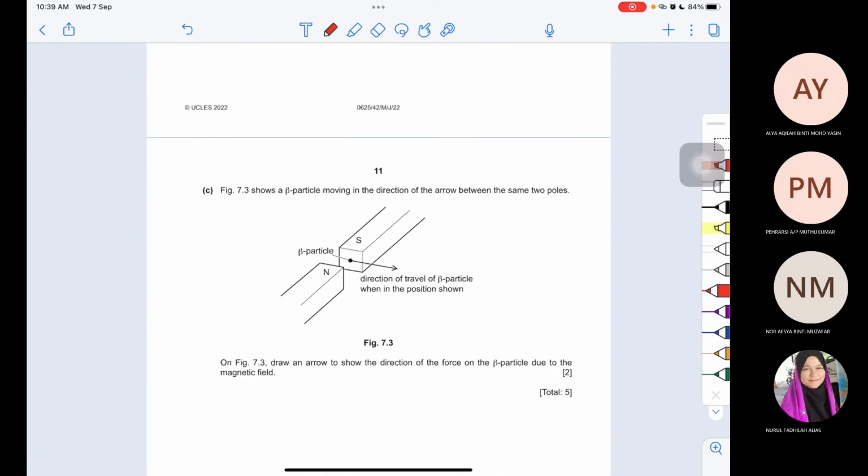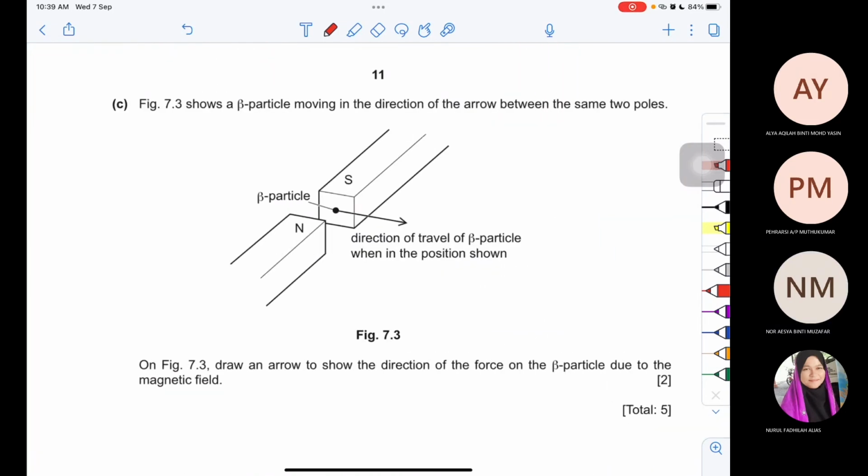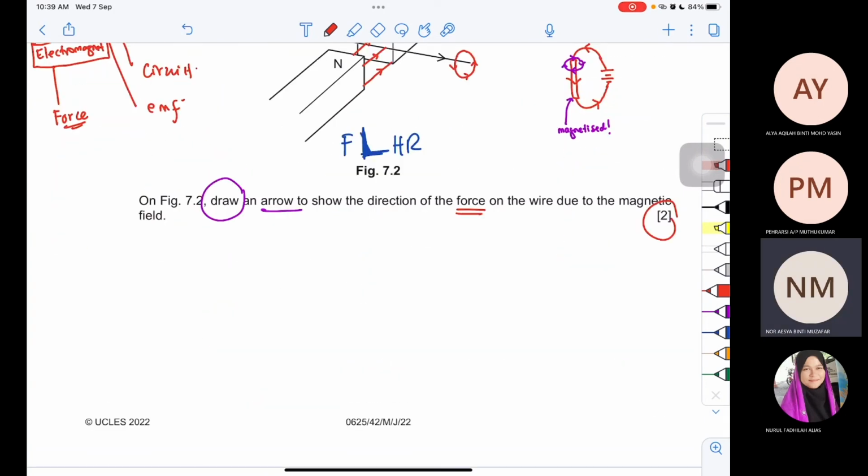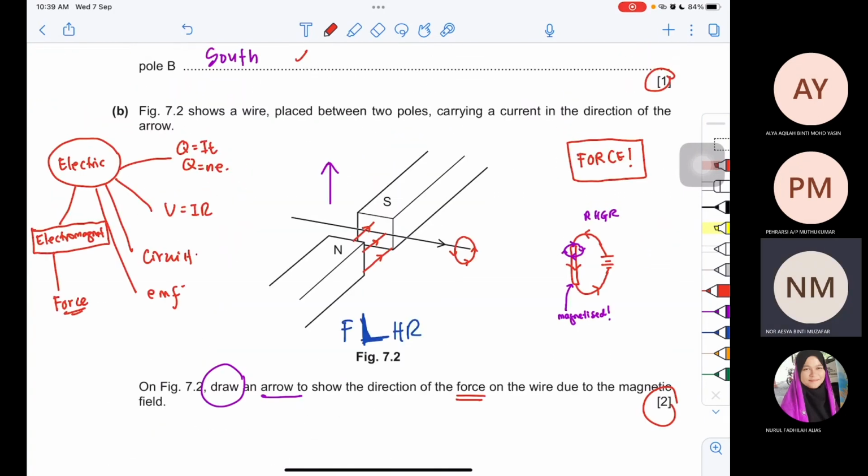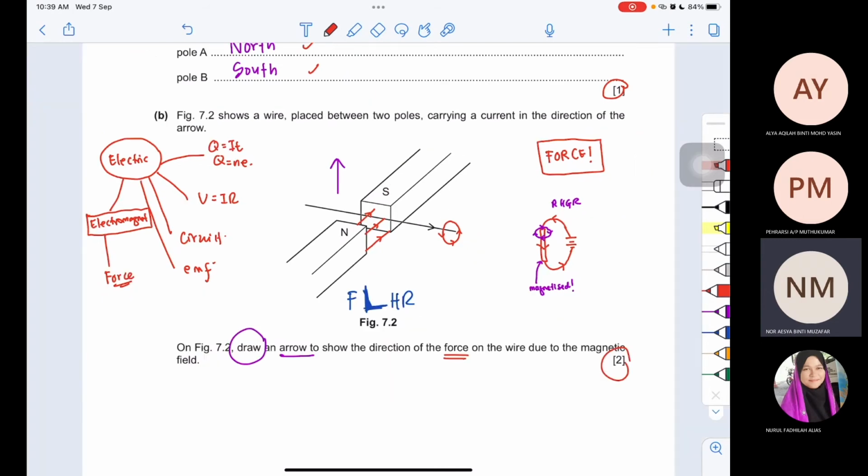Okay, we move on. Can you still see my screen with the question? What's the difference between Fleming's left hand and right hand rule?